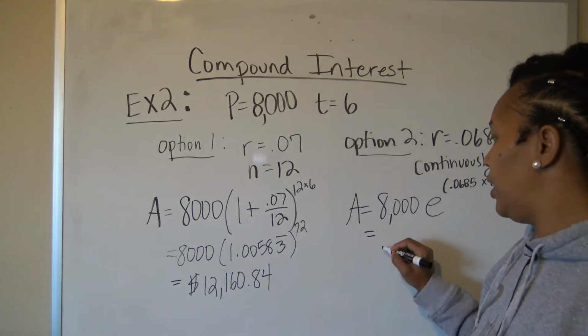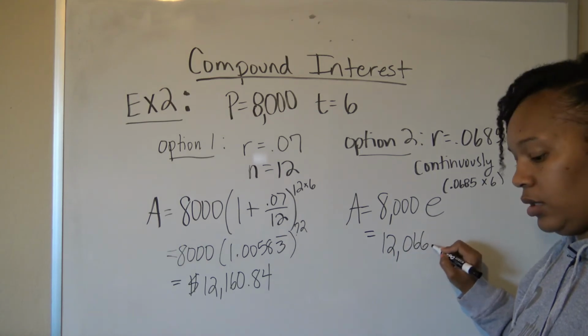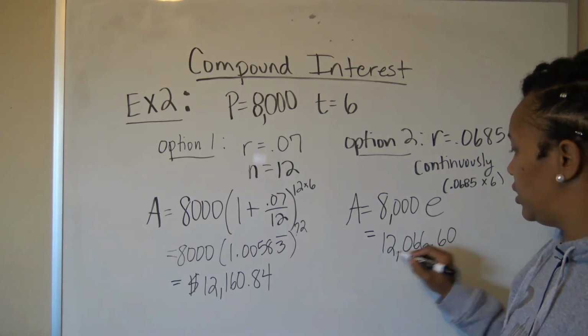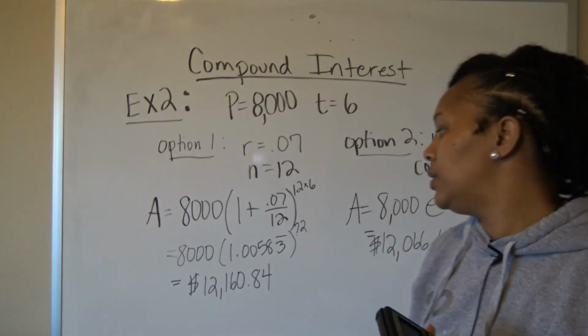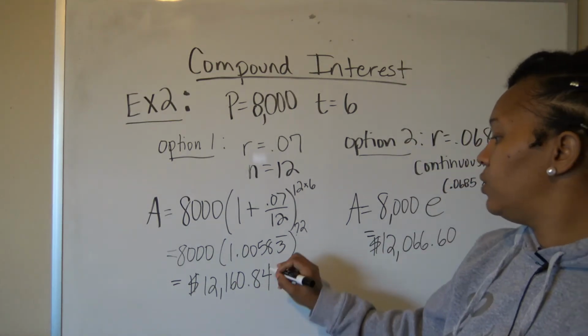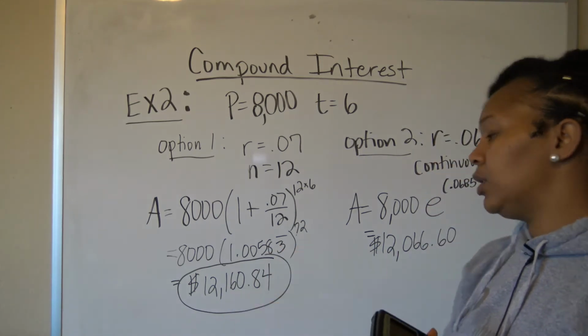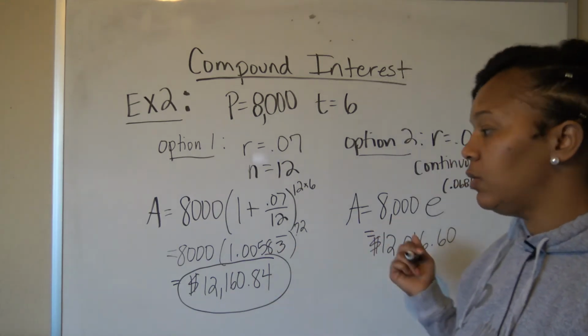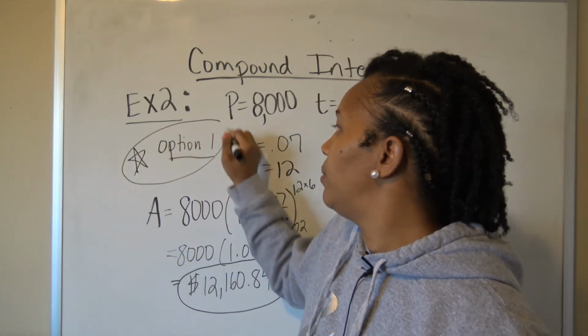For that one, I get $12,066.60. If you look at both of those, you can see that this one gives you a higher return. It comes out almost $100 more, so option 1 would be the better option.